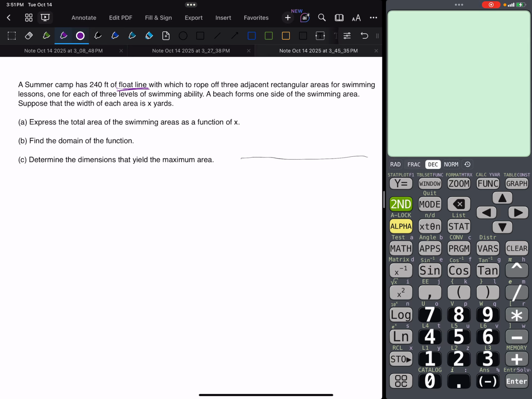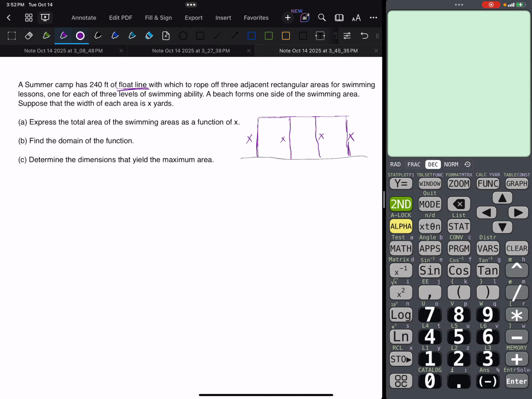My float line is going to come out from the swimming area. It's going to form this rectangle, and it's going to form a total of 3 rectangles. And they say the width of this is x. And so that's my variable x.